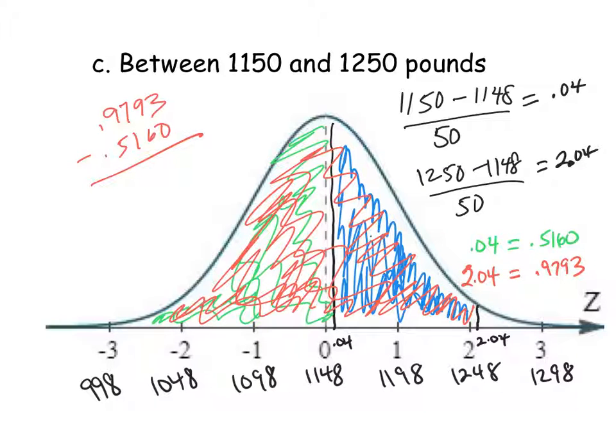And so my final answer here is 0.4633, or 46.33% of my steers are between 1,150 and 1,250 pounds.